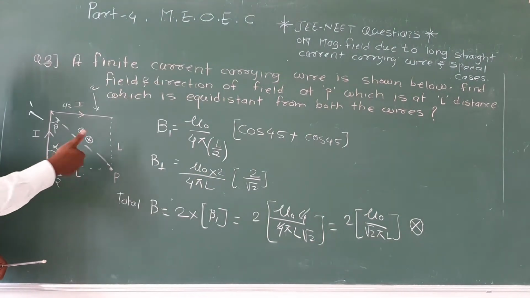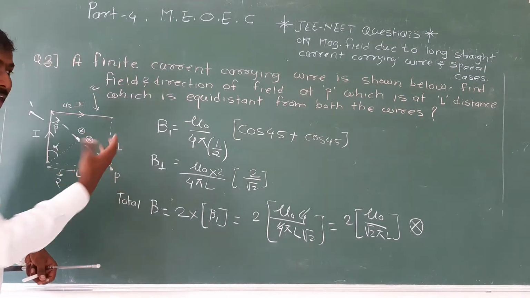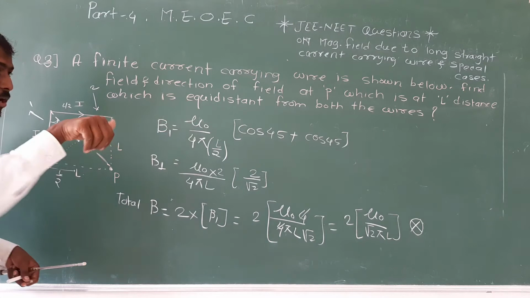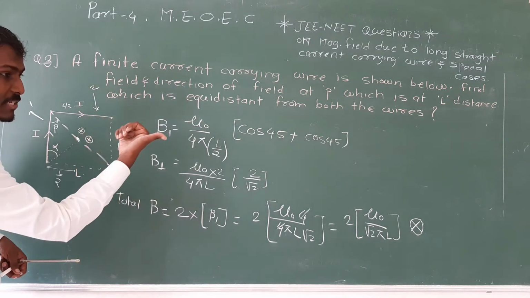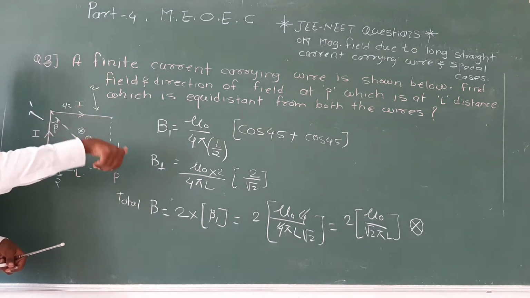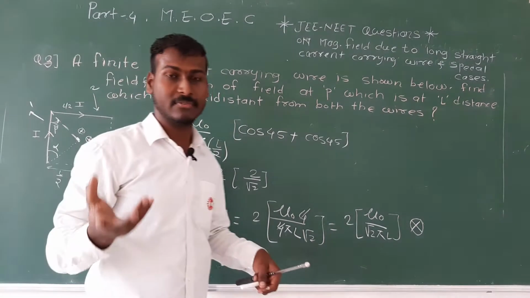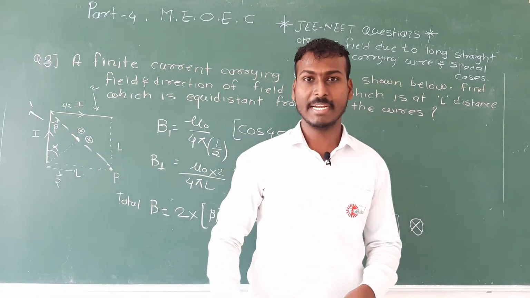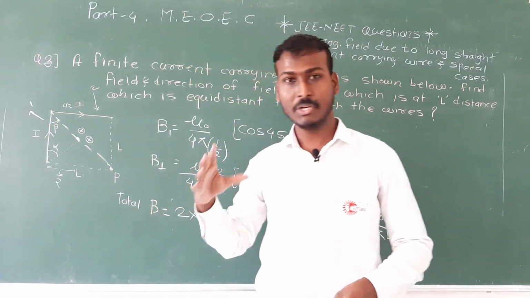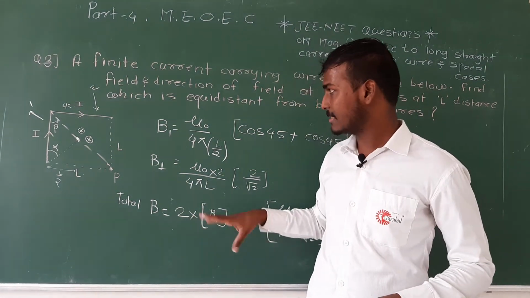Here due to this conductor the direction is inside, and for such different cases, always use the difficult way, not like this. Extremely sorry, this is the easy one, but use the difficult one like that. So by that the direction is going inside due to this conductor also. So the direction is the same, that means the magnetic fields will add. So the same magnitude, that's why we took 2 multiplied by B1. So this is the answer, that's it.